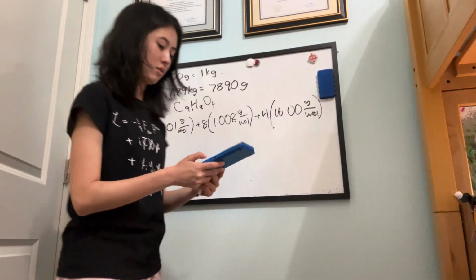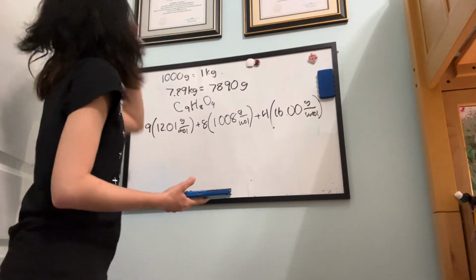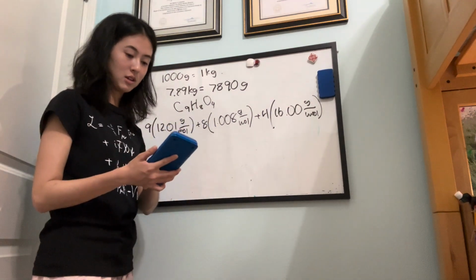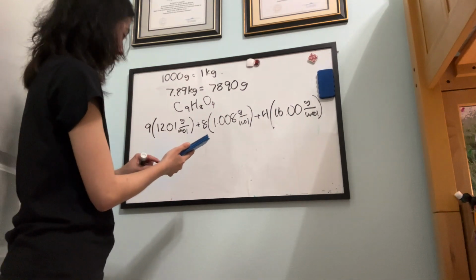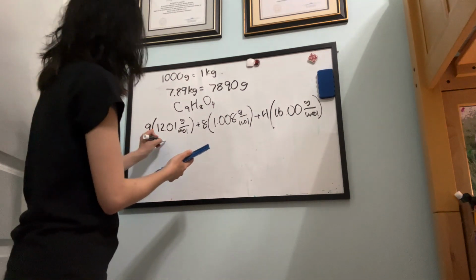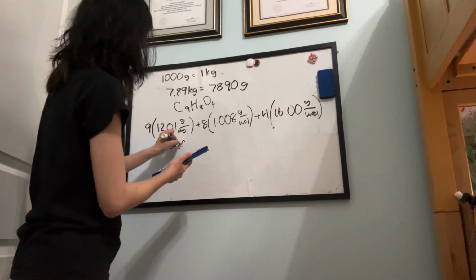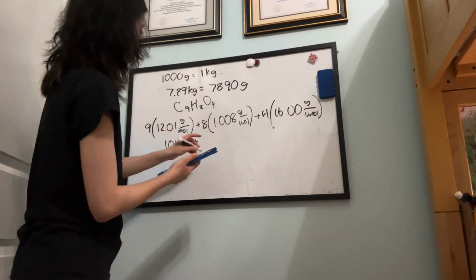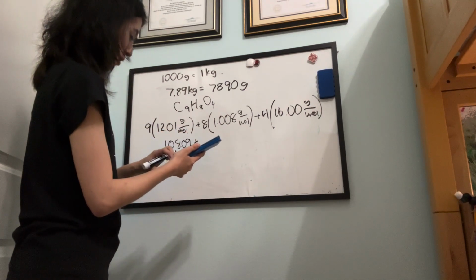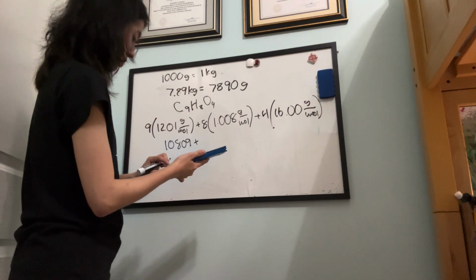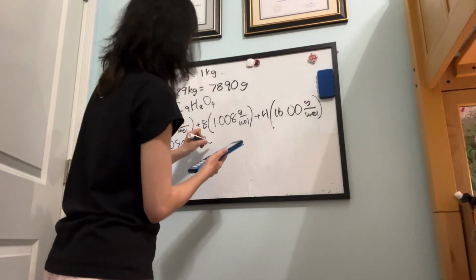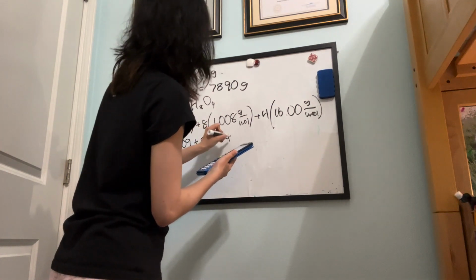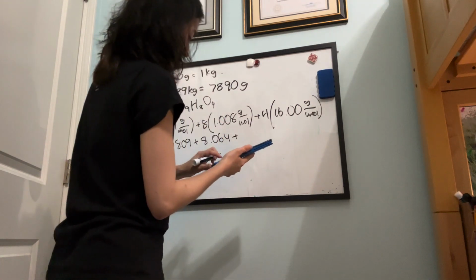I don't know if I'll have access to a calculator on the exam, but for now I've been using one. So 108.09 plus 8 times 1.008, which is 8.064, plus 4 times 16.00, which is 64. You could probably do it all in the calculator too, but I'm just gonna write out everything.